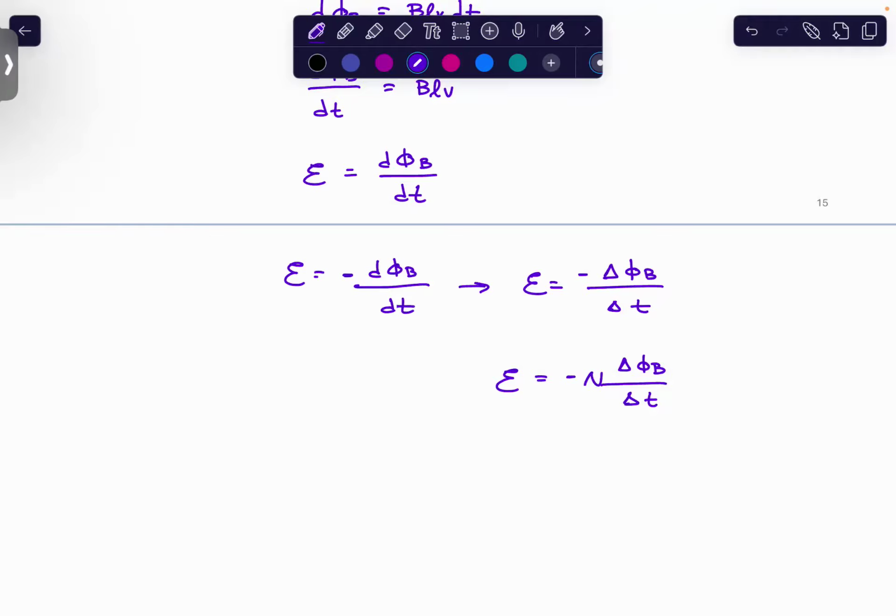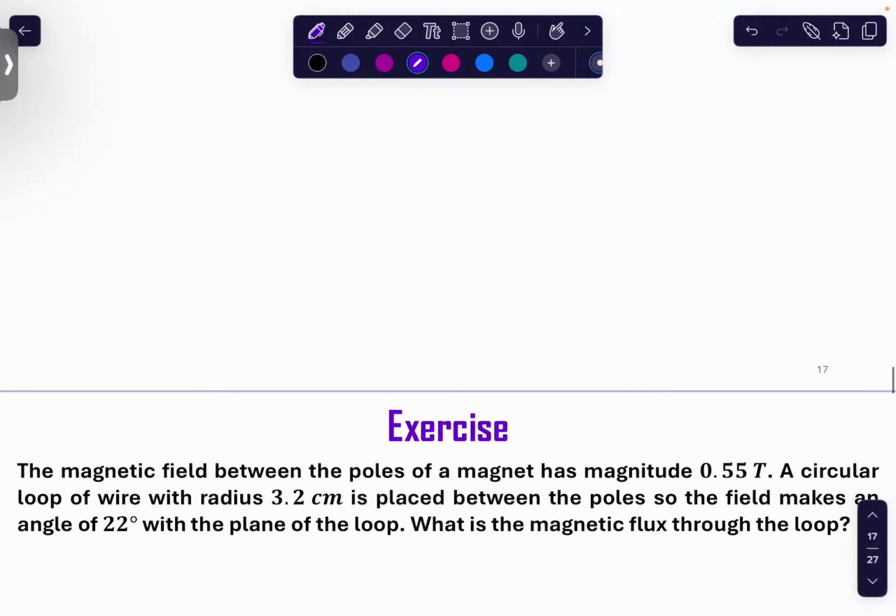So then you should be able to use the right hand rule to figure out which way that current goes. So if there's flux going that way, I have to have a magnetic field going this way, so it has to wrap like this. That means current has to be going this way. All righty.